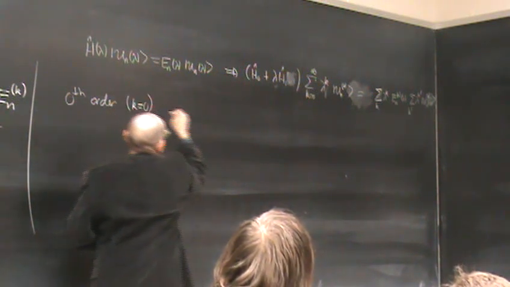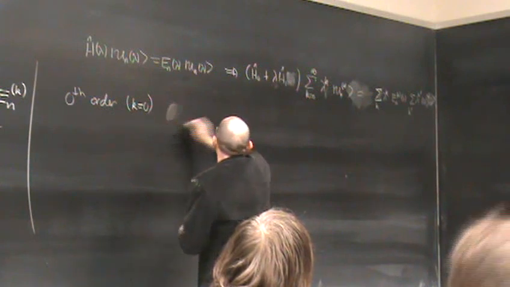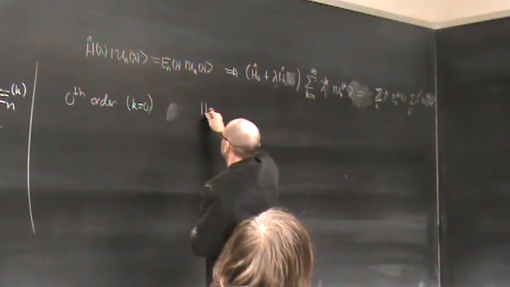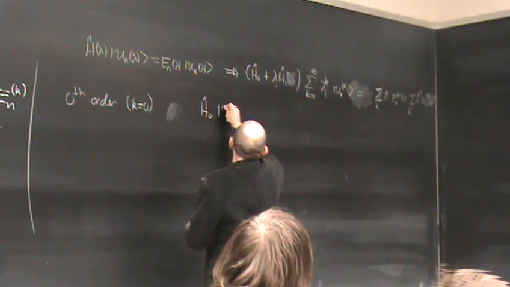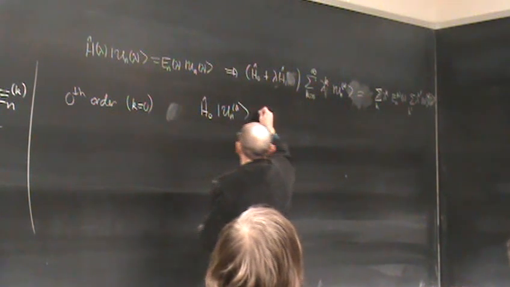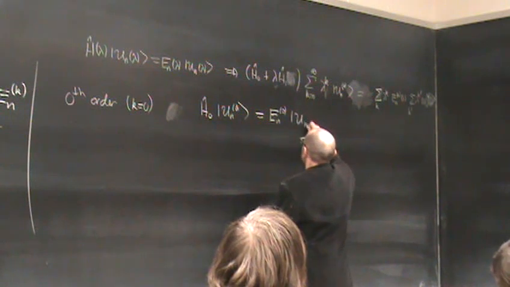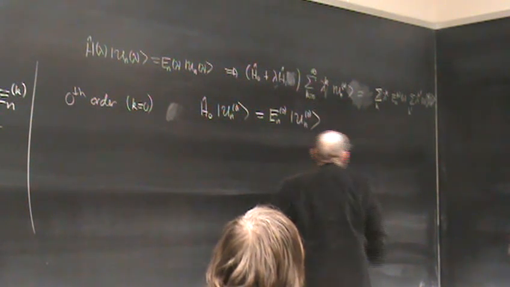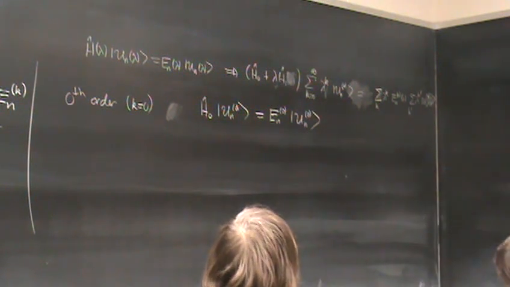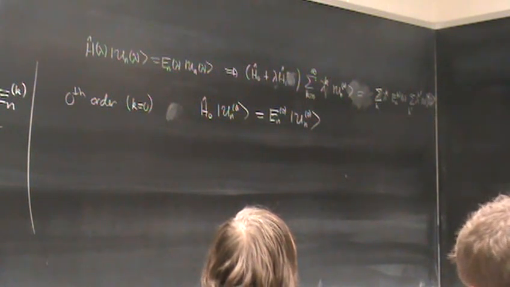K equals 0. Well, the only terms there, that's what we had already written down. This is the solutions that we assume that we know. Those are the terms that have no powers in lambda.